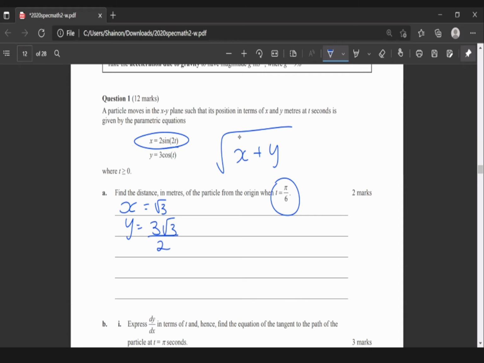So then you find the mod of these two values, and that should equal root 39 over 2 meters.